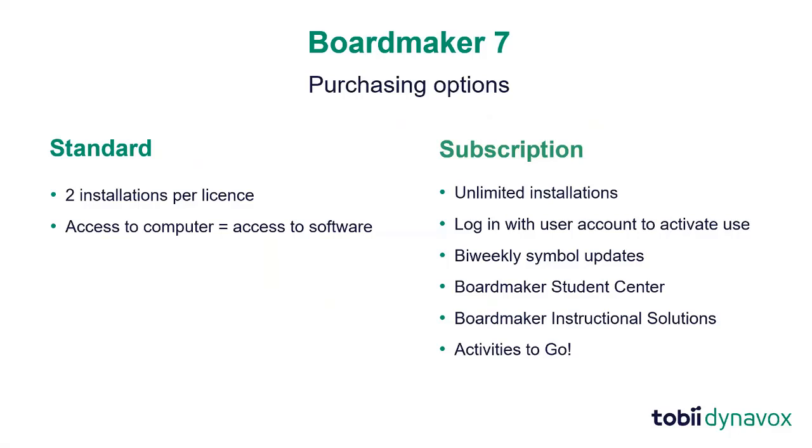If you want to have wider access, we also have a subscription version, and we can vary this depending on how many users that you've got, but this allows unlimited installations. So you can have it on as many computers as you want, and you log in using the user account, which activates the login on that computer.